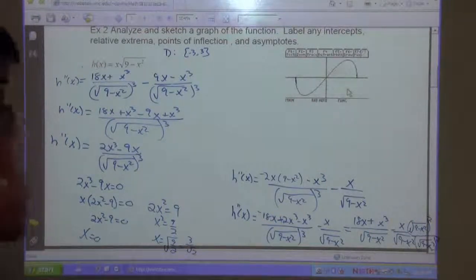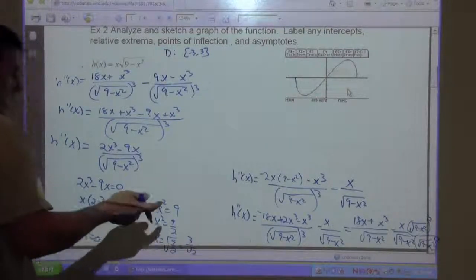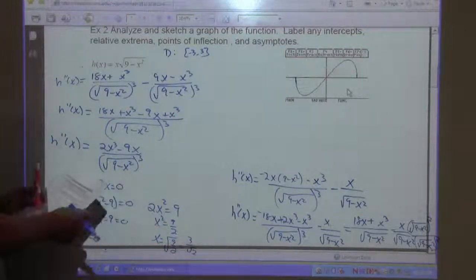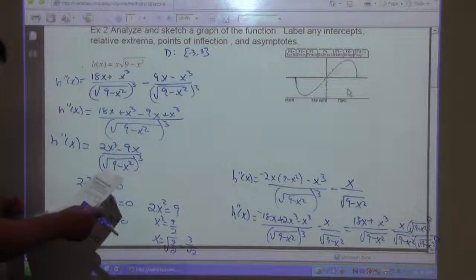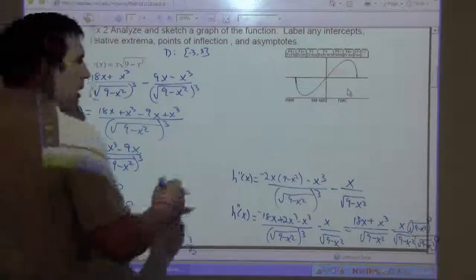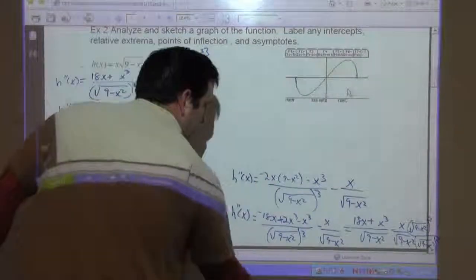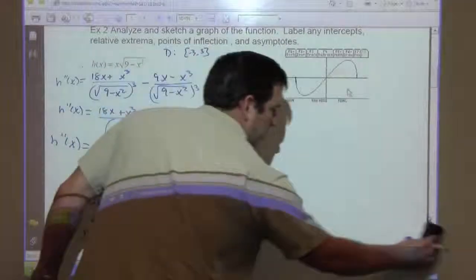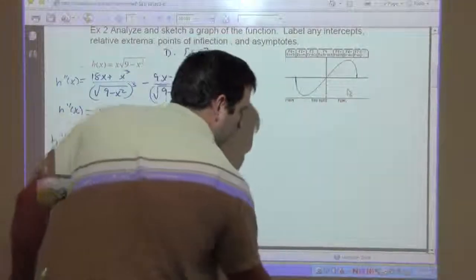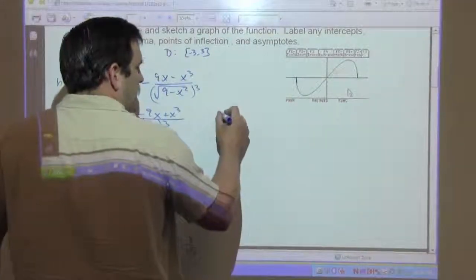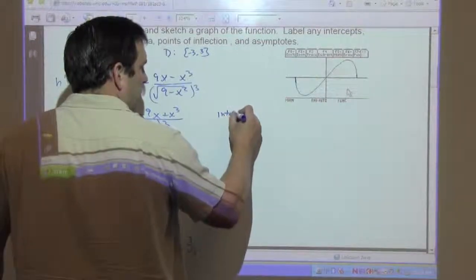Okay, where should we go with this? We can make a little chart here. We have some intervals to consider.